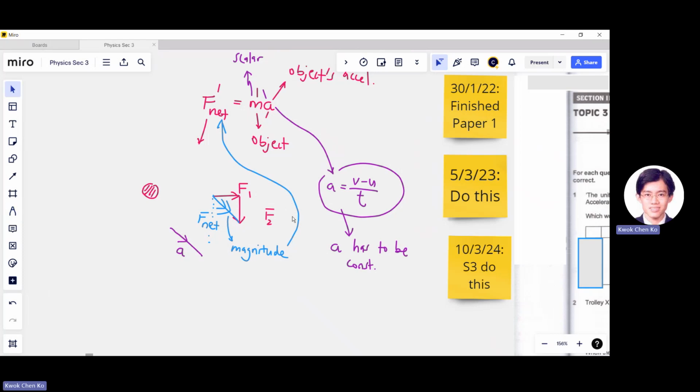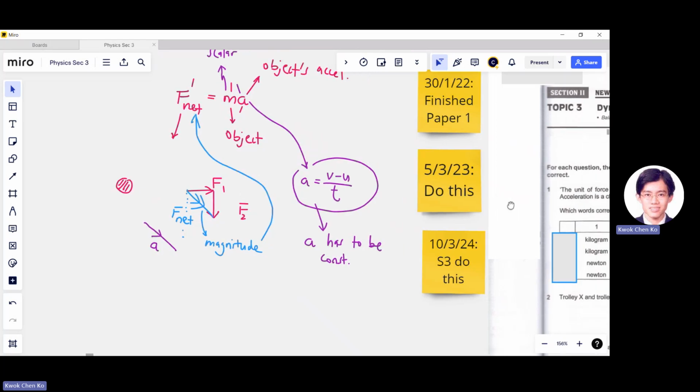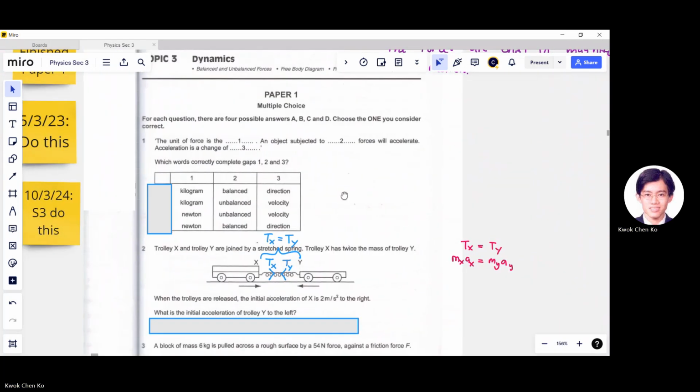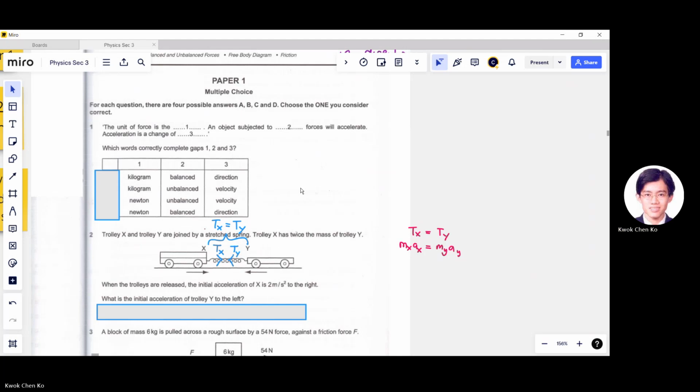Now, I will include the worksheets in the Telegram group chat. And here I will show them in Miroboard. Of course, we are supposed to work out the answers to all these questions, but I'll give you a few hints here and there.